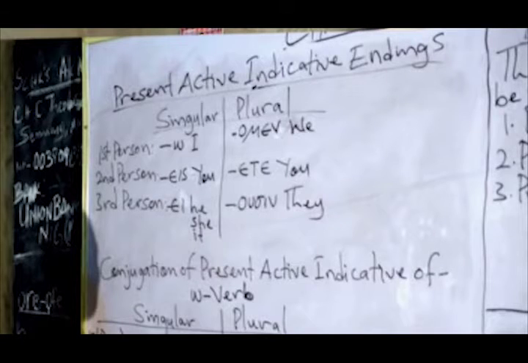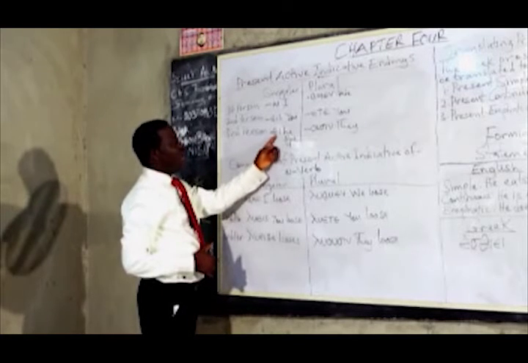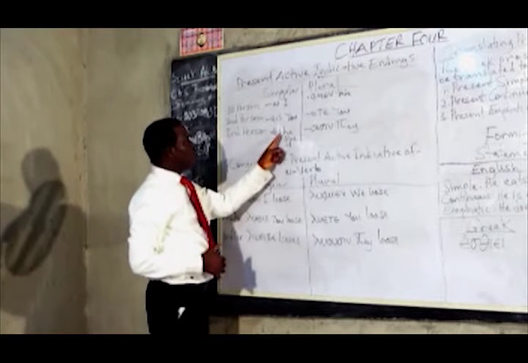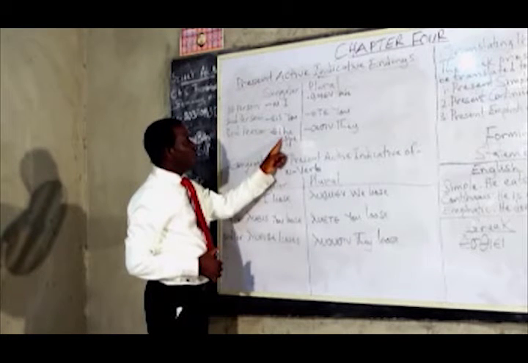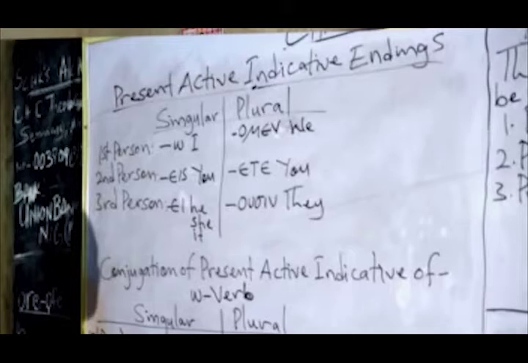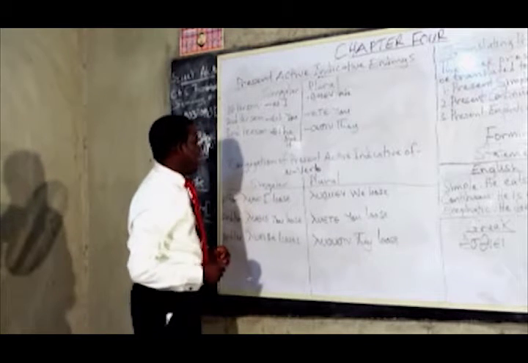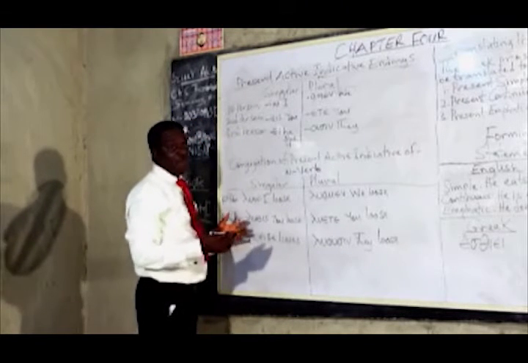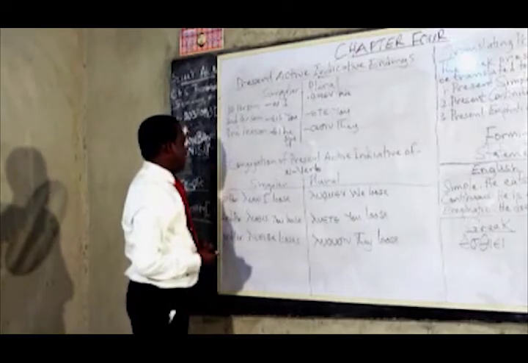And the plural is ete, and ete means you, plural. In the third person, we have ei, which will mean he, she, or it, depending on the context. The plural we have ousin. Ousin stands for they.